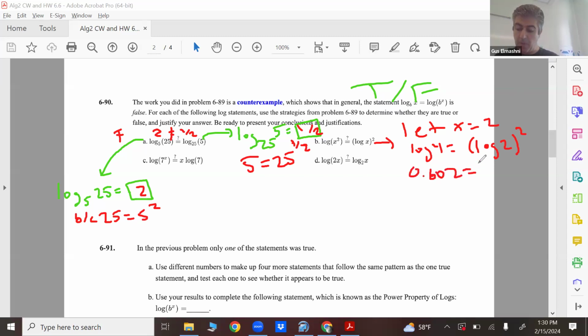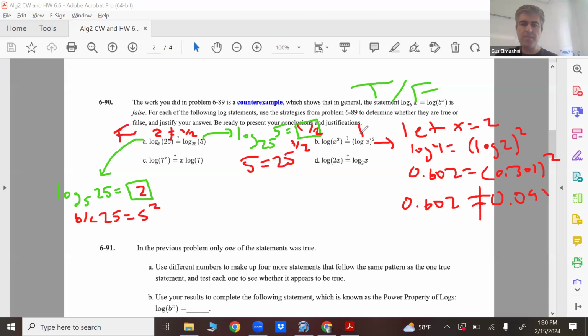But go ahead, Hunter. Exactly. What happens when you square a log? We're going to talk about that. There's a property, but I'm not ready to have that discussion yet. But we will talk about that. But those are not the same. So that's also false.